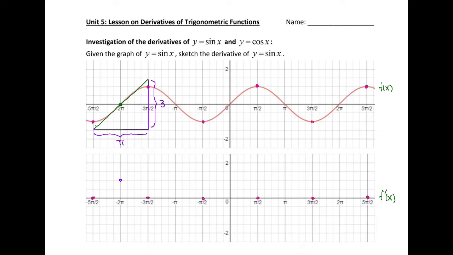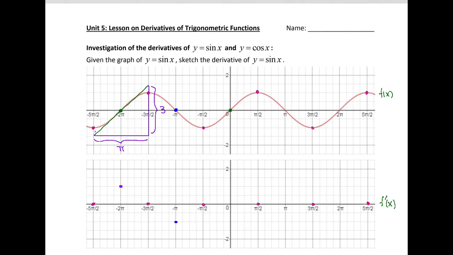Likewise, let's draw a tangent line at this point. If you calculate the rise over run, you will see the slope is approximately -1. At this point again, it will be +1, and at this point again, -1.